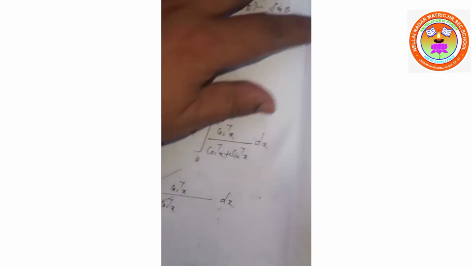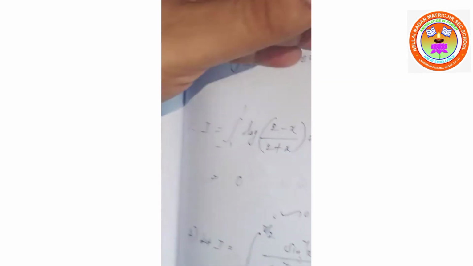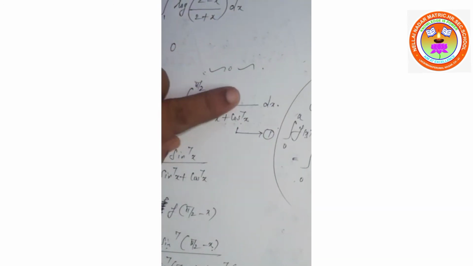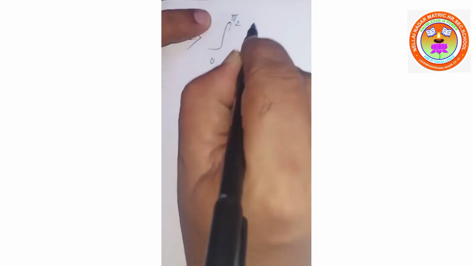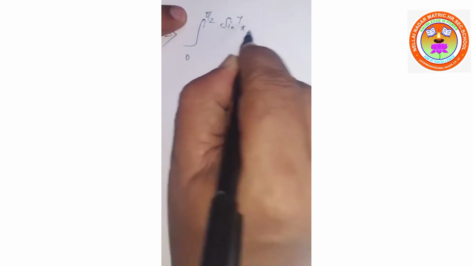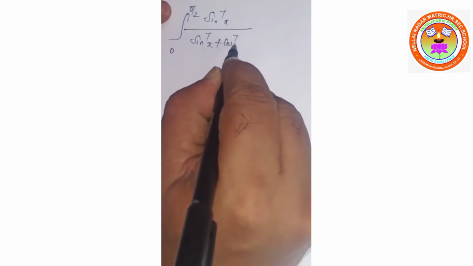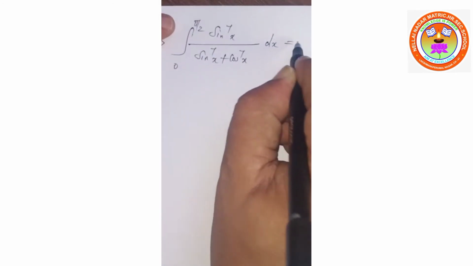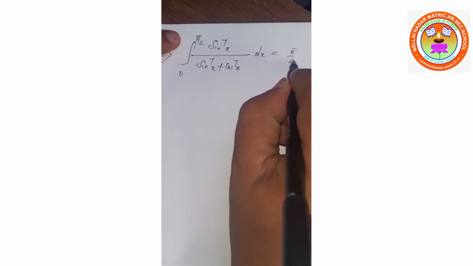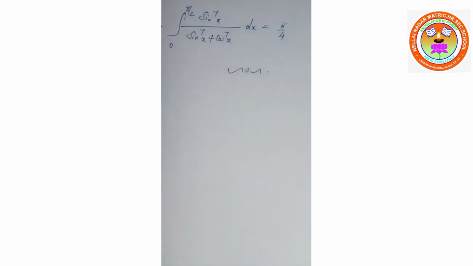So what is I? I is the given integral 0 to pi by 2 sine power 7x divided by sine power 7x plus cos power 7x dx. What's the value? Pi by 4. So problem number 4 is over.